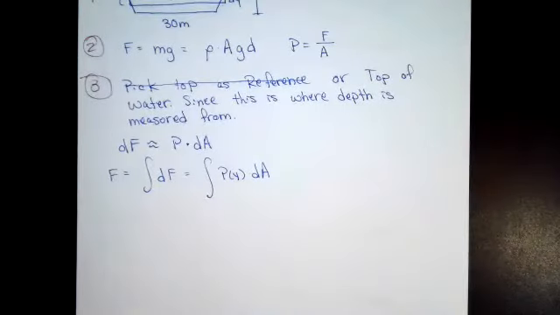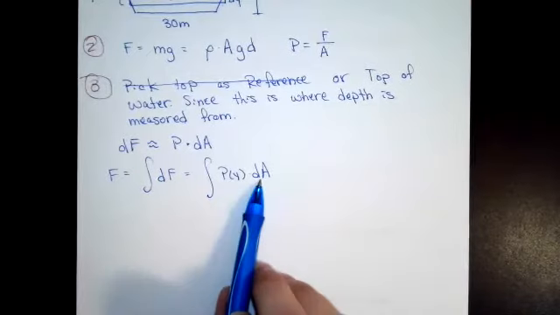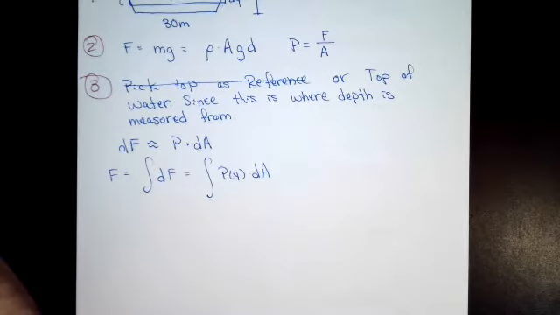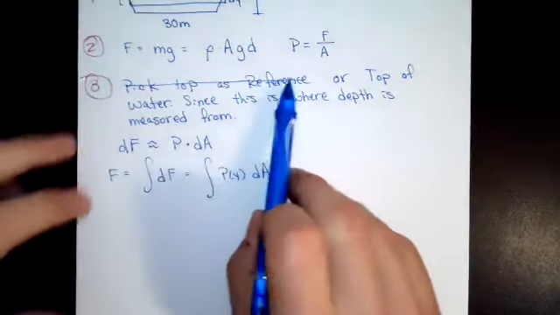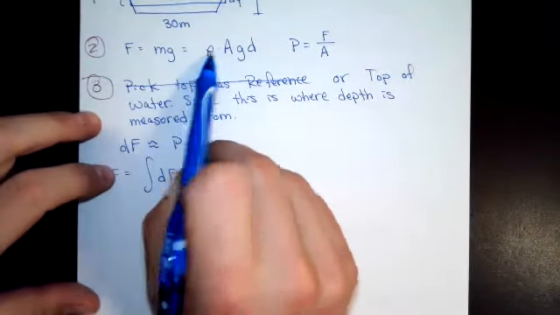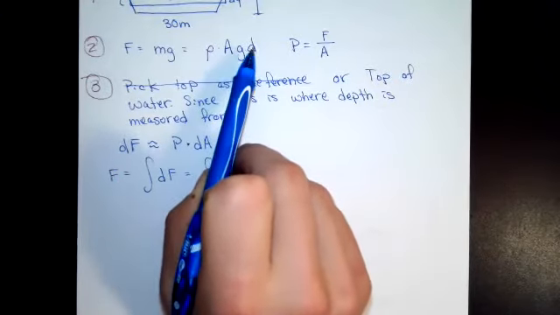Okay, so what do we need? We need the pressure as a function of depth and the area of these guys. The pressure is essentially just the density times gravity times the depth.